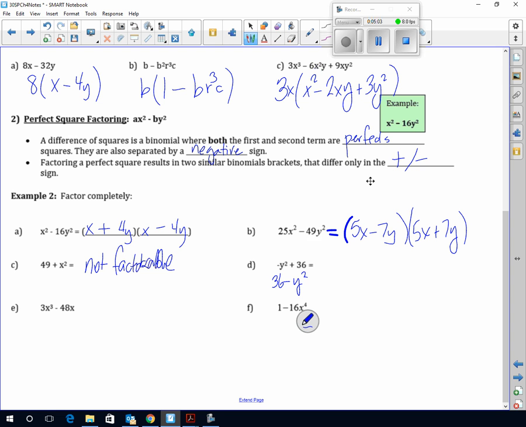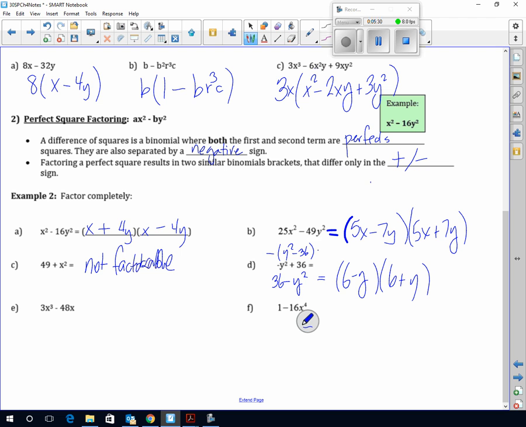The y has to be the one with a negative, not the 6. Did anybody factor this out first and then have it like that? Then you would get negative, y minus 6, y plus 6, with a negative in front. That would be totally acceptable, probably the best answer.